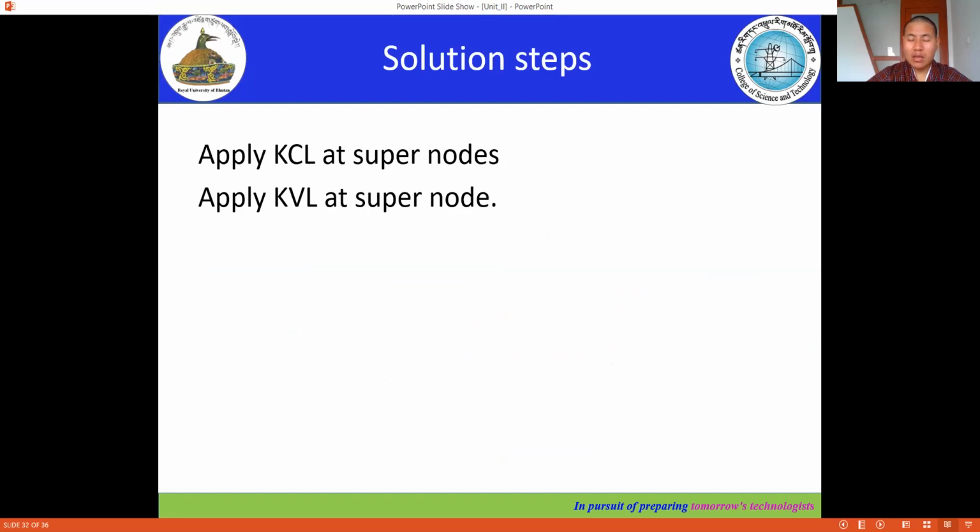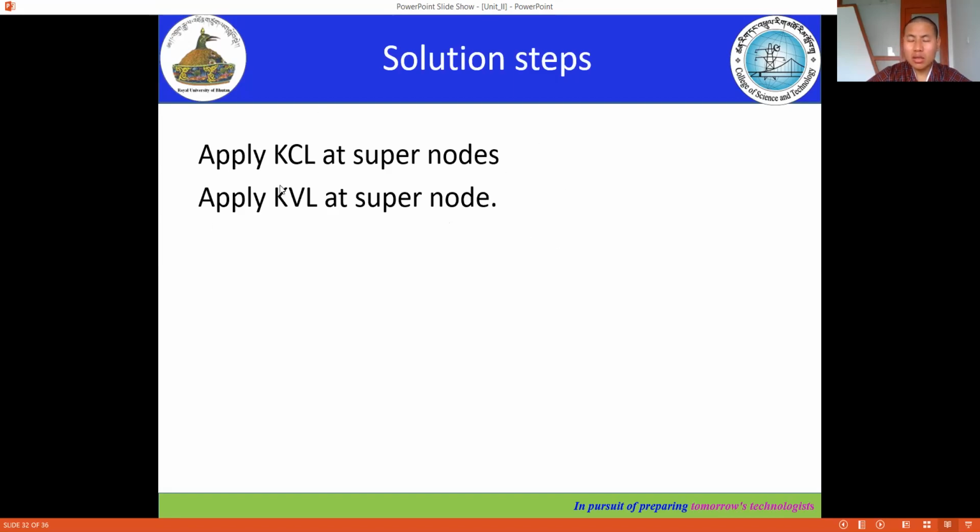If you have understood the super mesh analysis clearly, it is a similar step that we are applying. In the super mesh analysis, we apply Kirchhoff's voltage law, and then in the second step, we also apply Kirchhoff's current law.